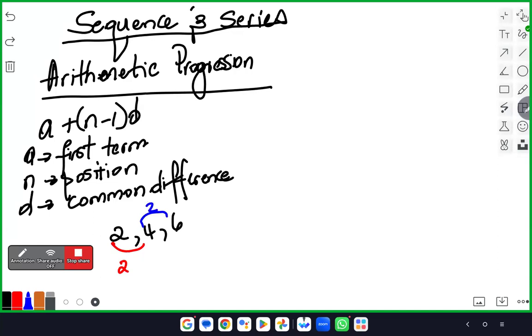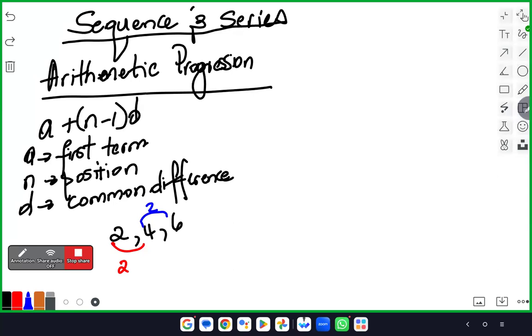So 2 is what we'd call the common difference. In this sequence, 2 would be the first term. And for N, 2 would be in the first position, 4 in the second position, and 6 in the third position, and so on and so forth.